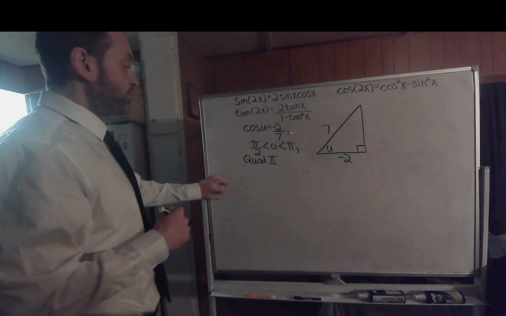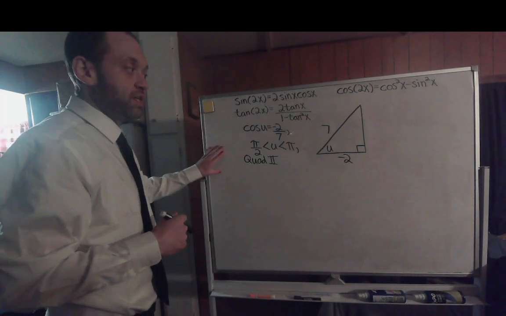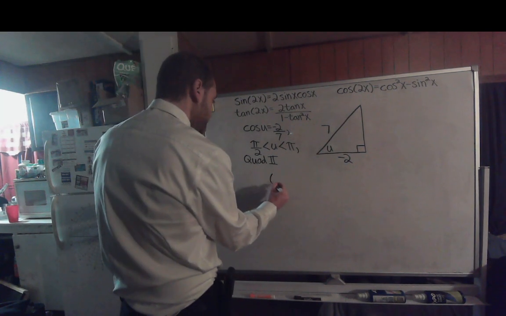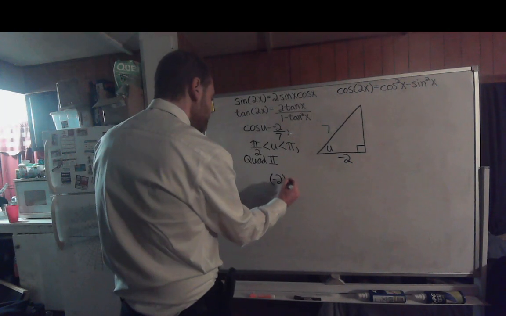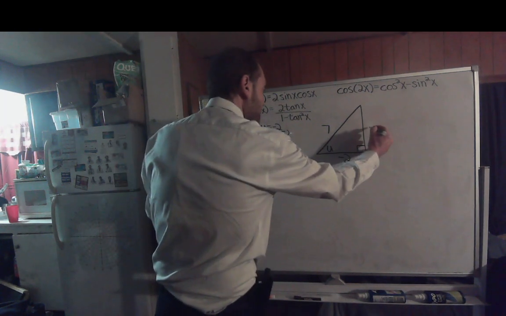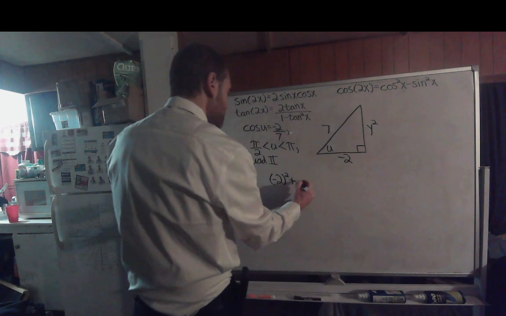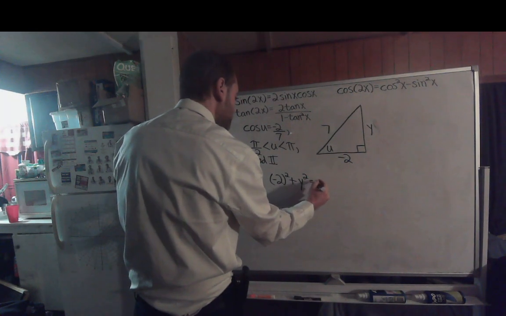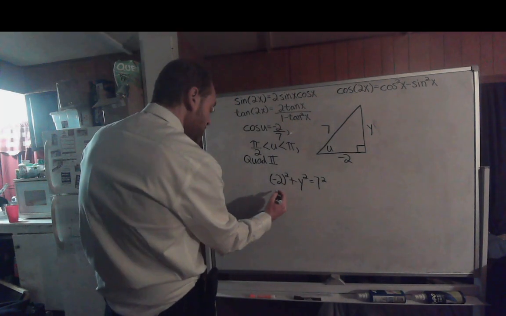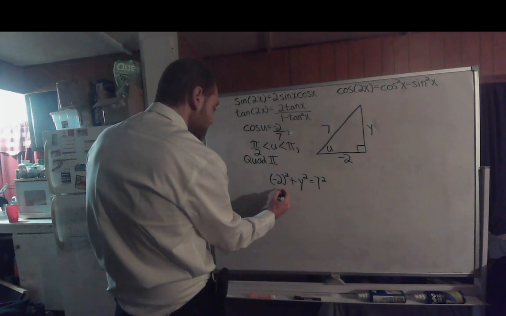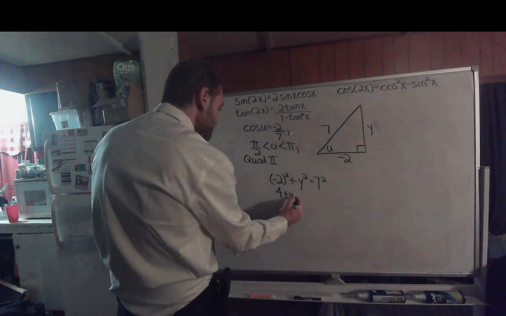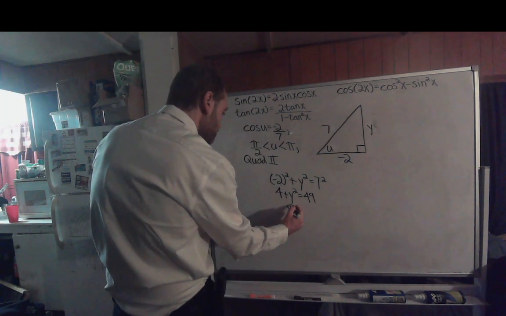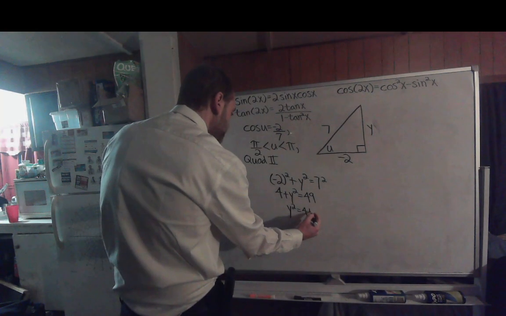Before we even attempt to find any values here, we should use the Pythagorean theorem and solve for the missing side. So if I take -2 squared plus y squared, set that equal to 7 squared, we'd have 4 plus y squared equals 49, which means y squared equals 45.